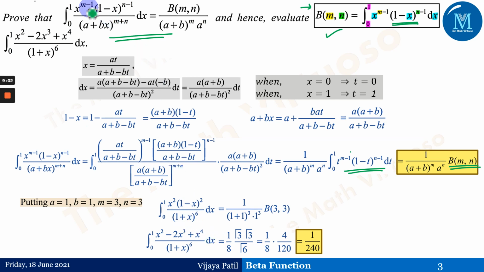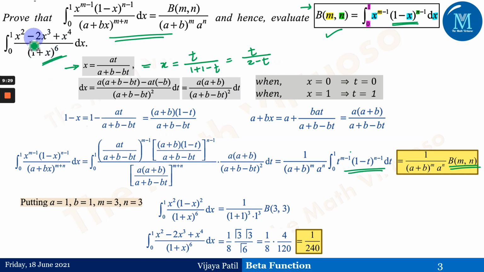For example, suppose this identity is not given and this question has been given to us directly. At that time you have to concentrate on x equals at upon a plus b minus bt. So the substitution we have to consider is x equals t upon 1 plus 1 minus t, that is t upon 2 minus t.